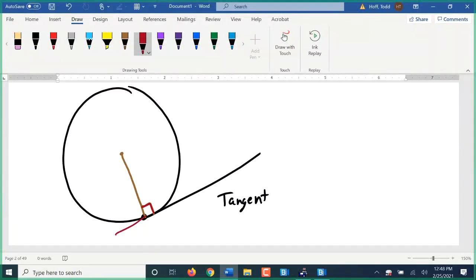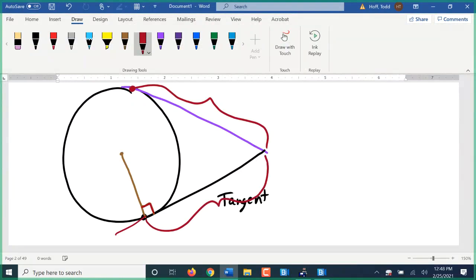But also, if I put another tangent line here, tangent to the circle at a different point, and draw it so it intersects this first one, the lengths from the point of tangency to where they intersect are comparable. If I draw this in here, I've got another right angle there, right? And I know that this radius and this radius have to be the same. All the radii of a circle are the same.